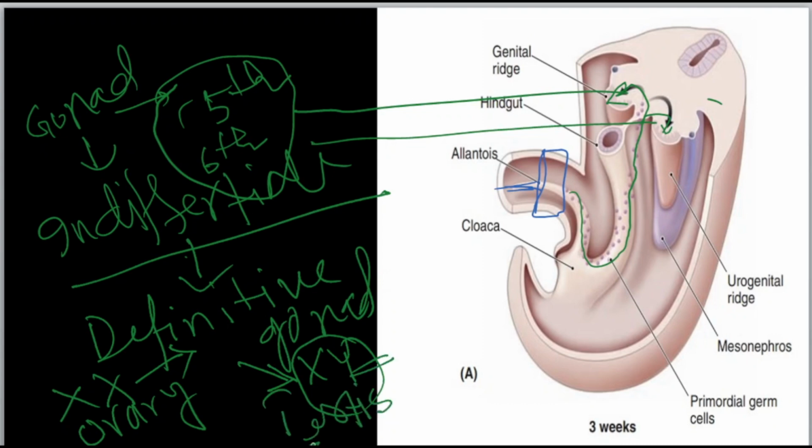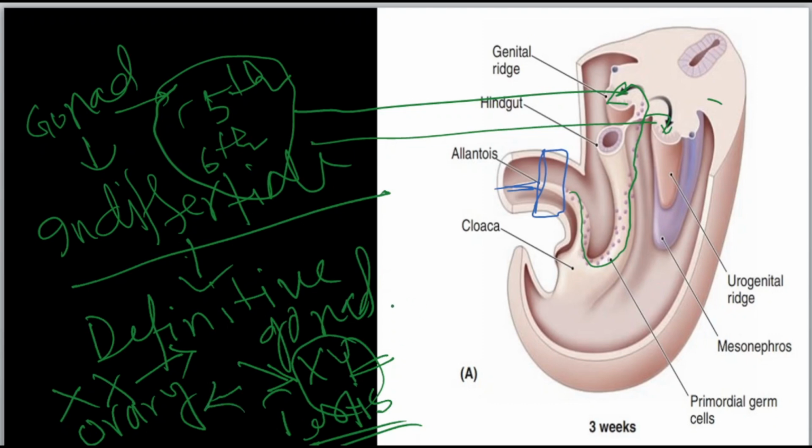We have to know that testis development occurs first, as the Y gene has a testis determining factor. It occurs within the 7th to 9th week. If there is absence of Y, there is development of ovary, or female.